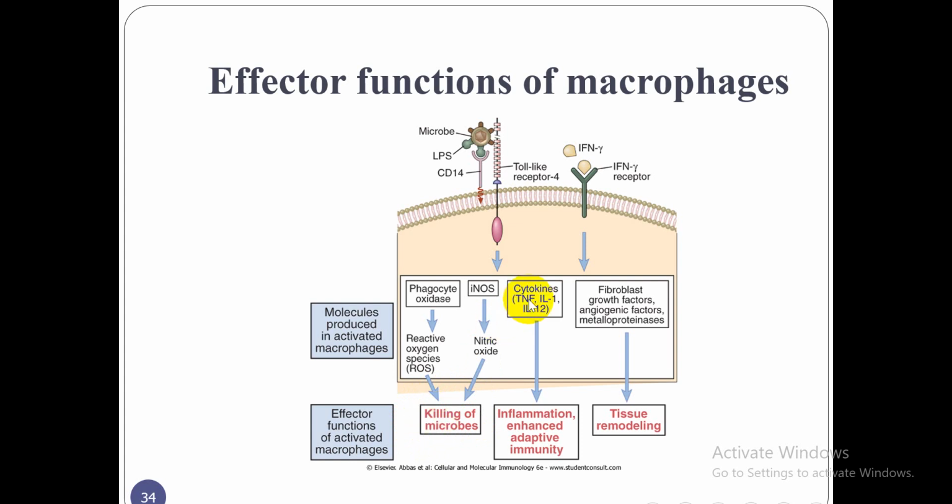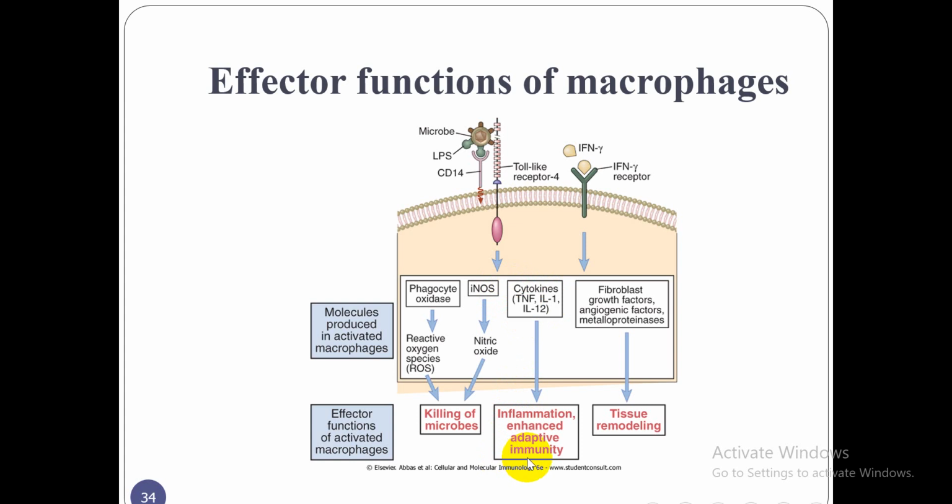They can become activated and produce cytokines such as TNF, interleukin 1 and interleukin 12. And you know that these three cytokines could induce inflammation, and also they can enhance the adaptive immunity.